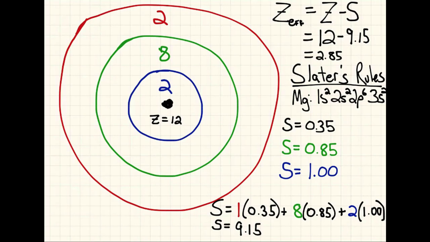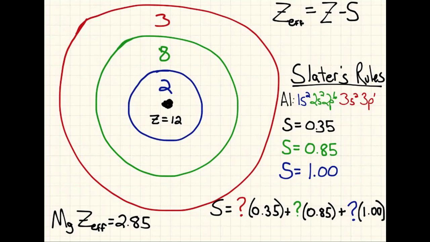Now that number in and of itself isn't necessarily that useful until we start comparing it with the number we might get for other atoms in the periodic table. So let's do that now. Let's move one position to the right on the periodic table and talk about aluminum.